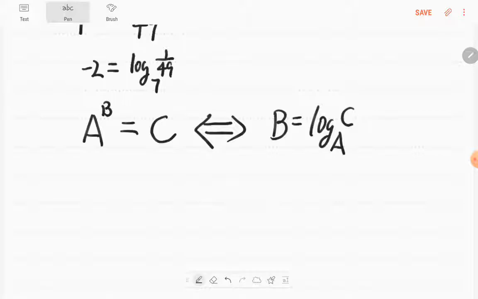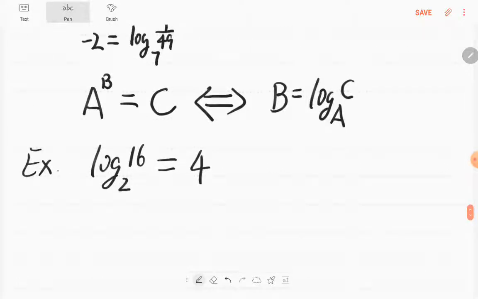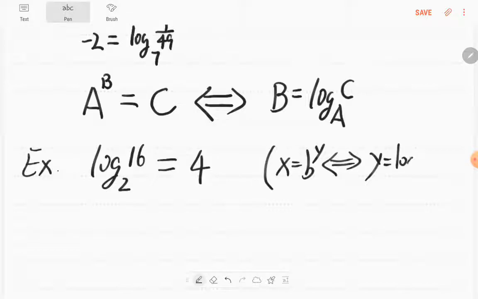We can convert the logarithmic equation form to the exponential form. For example, if you have log to the base 2 of 16 equals 4, that means, right here, x equals b to the y is equivalent to y equals log to the base b of x.